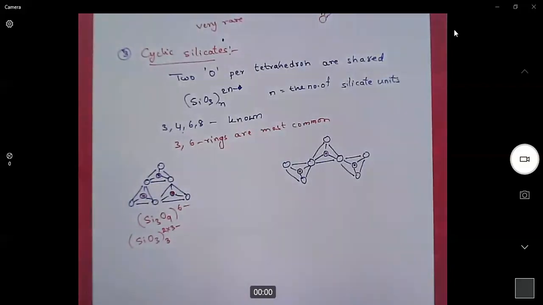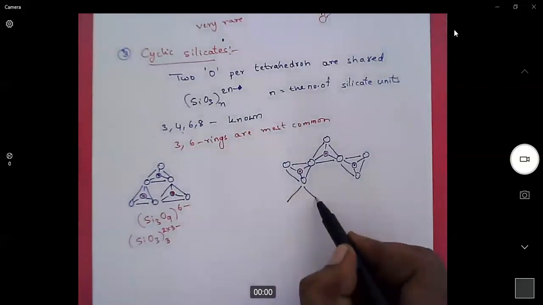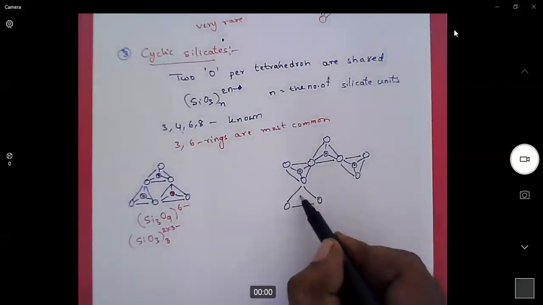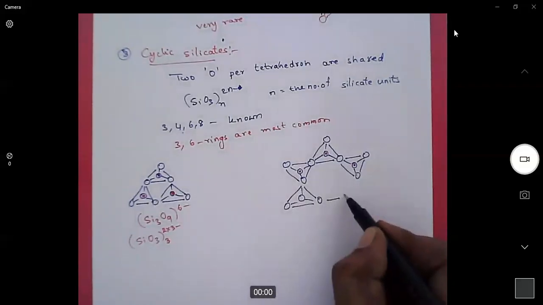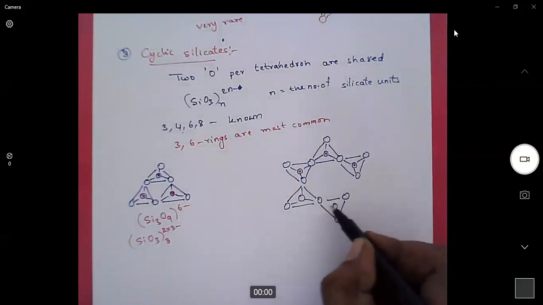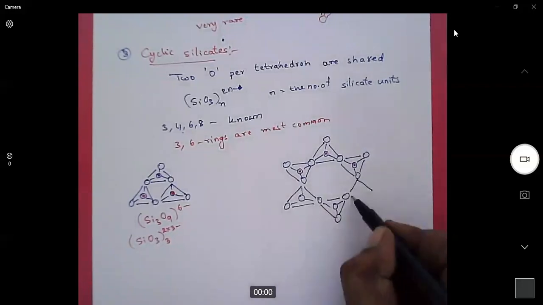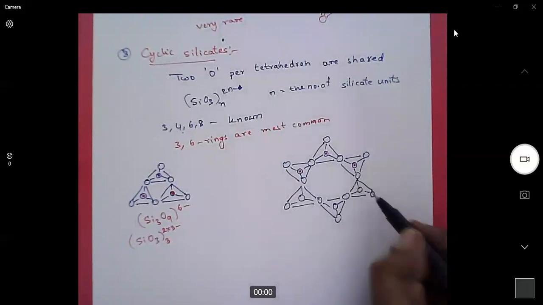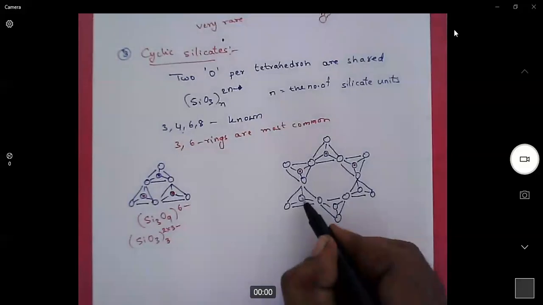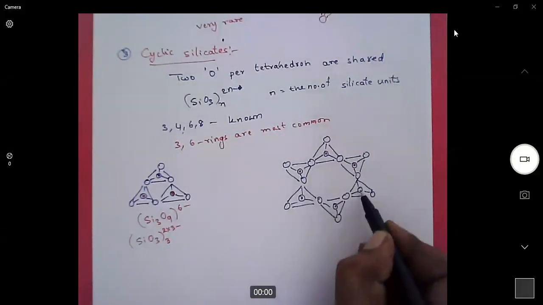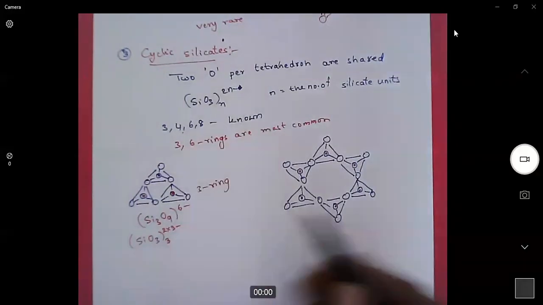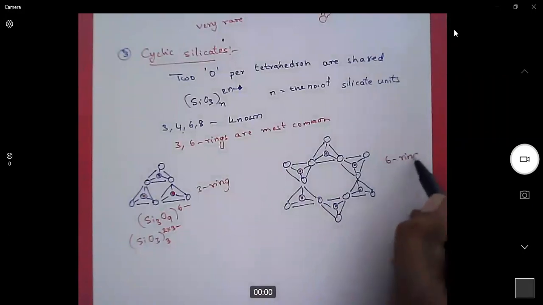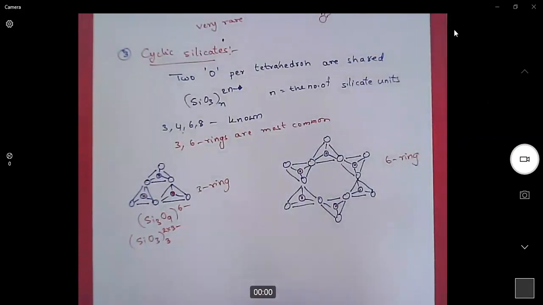Now we will draw the other 3 silicate units. Like this. So at the center of each silicate, we have a silicon. So this is the 3-membered ring. This is the 6-membered ring. This is the structure of these cyclic silicates.